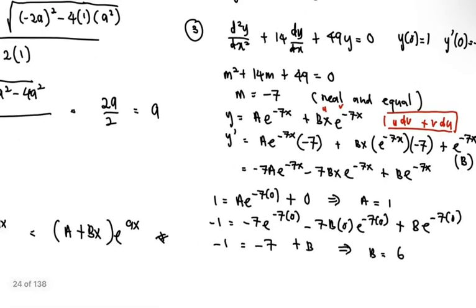So the solution will be y equal to e to the minus 7x plus 6x e to the minus 7x. So this is the solution.